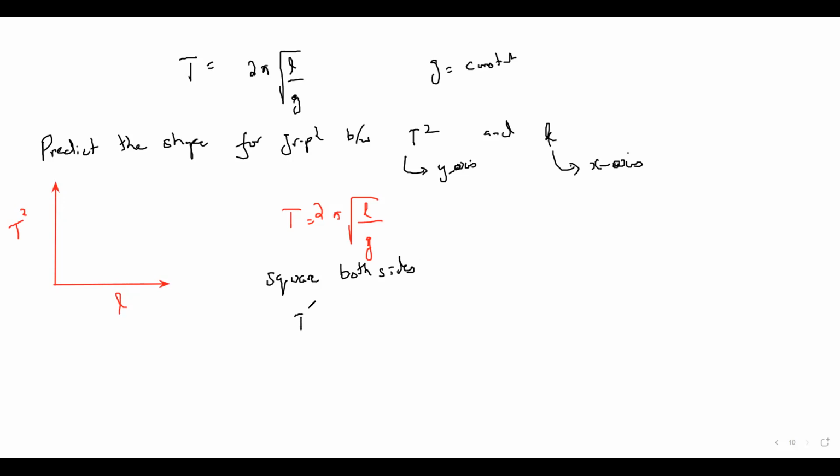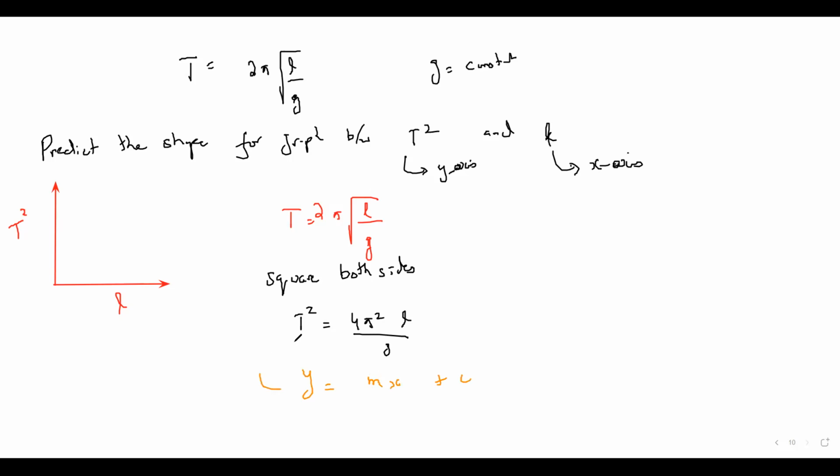When we square both sides, this will be t square, and this will be 4 pi square L divided by g. Now you have an equation for t square and L. Then you compare with the equation of a straight line, y equals mx plus c.